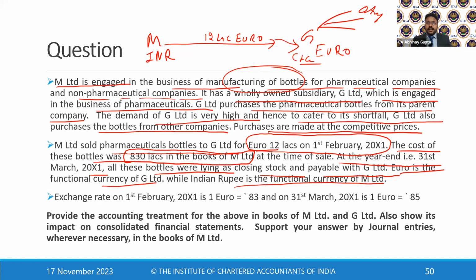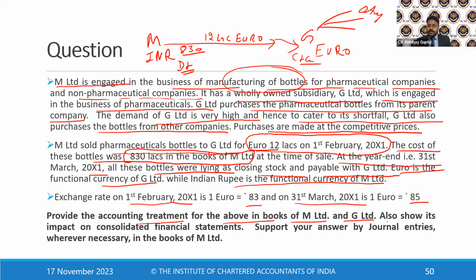And in INR, the cost is 830 lakhs for these bottles, and the corresponding debtor balance will appear in the books of M Limited. Exchange rates on the date of transaction and at the year end are 83 rupees per euro and 85 rupees per euro.